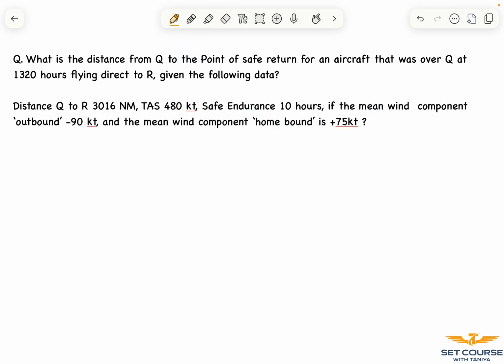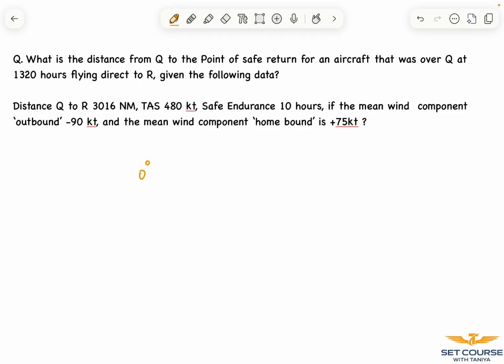Now let's wind up this concept with one last numerical. We are asked what is the distance from Q to the point of safe return for an aircraft that was over Q at 1320 hours flying direct to R, given the following data.